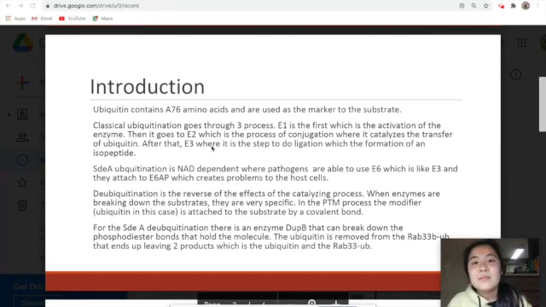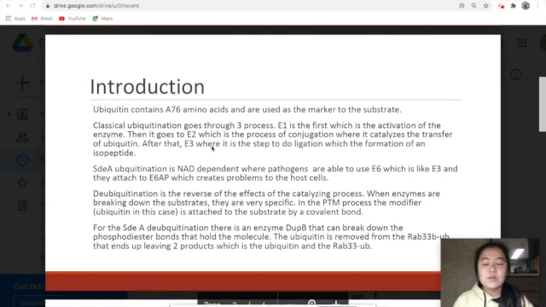utilizes enzymes such as deubiquitinase to break the isopeptide bonds that are created between the ubiquitin and the protein that it is attached to. So for our lab, we'll be using DUPB as the enzyme that is going to break the isopeptide bond between Rab33B and the ubiquitin.